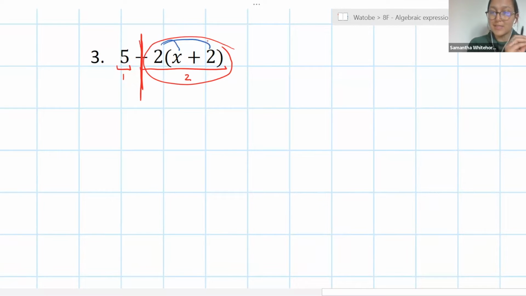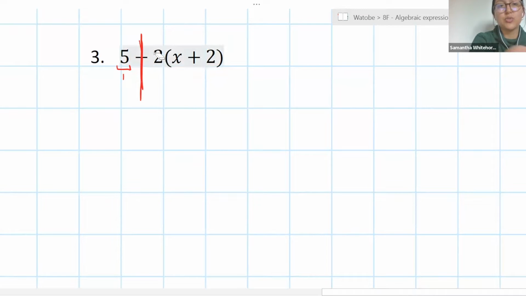So that minus I'm going to deal with later. What I first want to do is multiply the negative 2 into this bracket. That's the first thing, because remember, the multiplication must be done first. Then I will come back to the minusing and adding. Thank you, okay, ma'am. Good, well done.